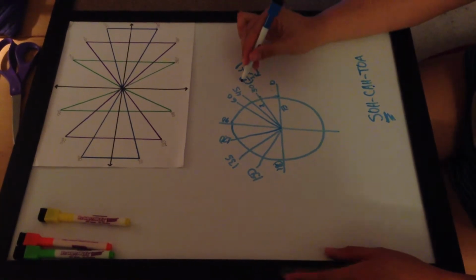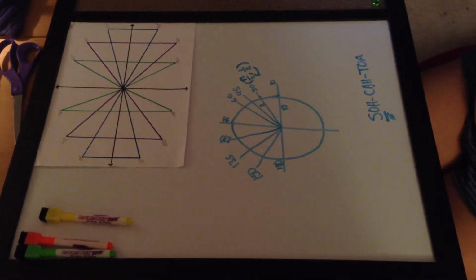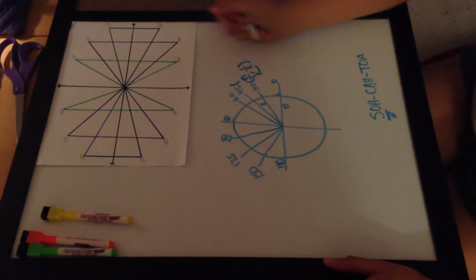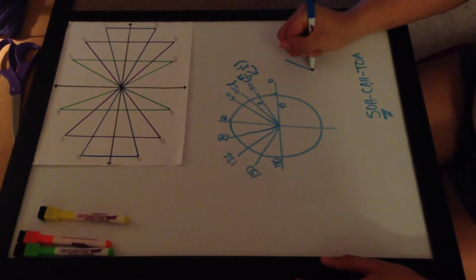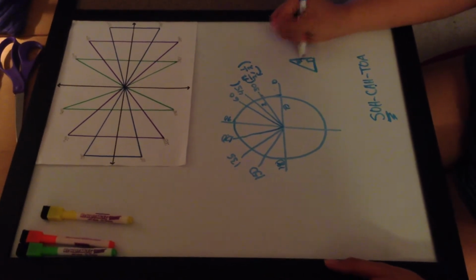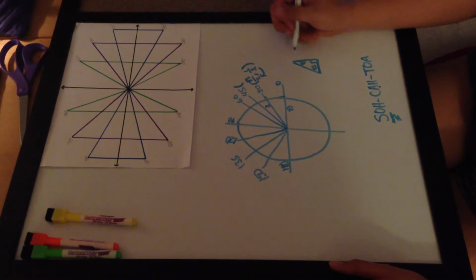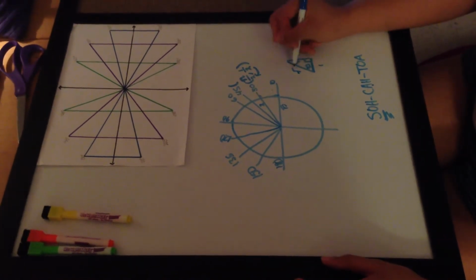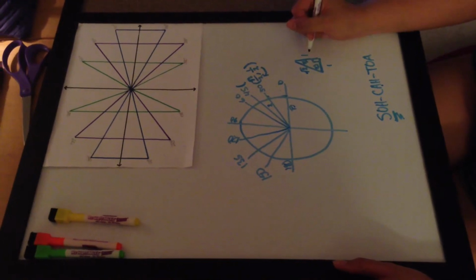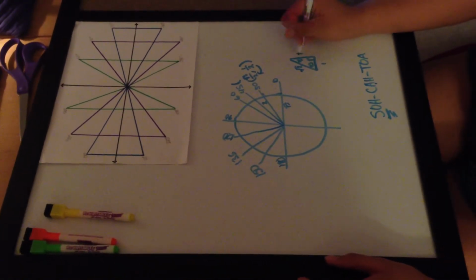For your 45 degree triangle, because of the ratio, your 1, 1, root 2, both the sine and the cosine will have the same values.